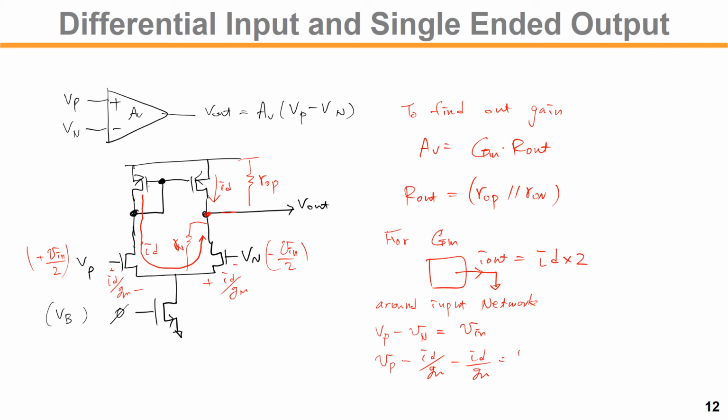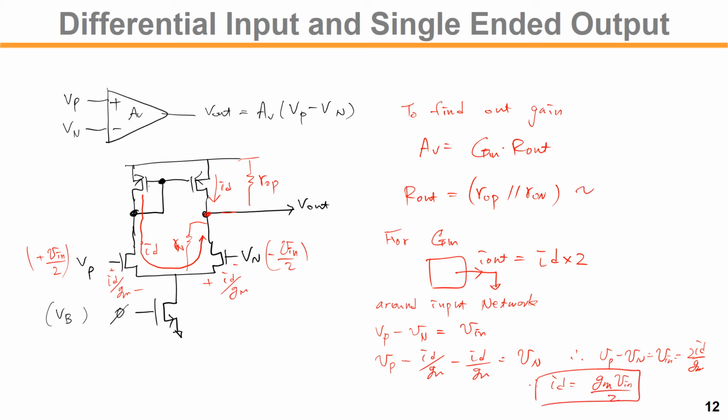That would be Vn. Finally, so ID would be what? Vp minus Vn, Vin would be 2ID over GM, right? So therefore, ID would be GM Vin over 2, right?